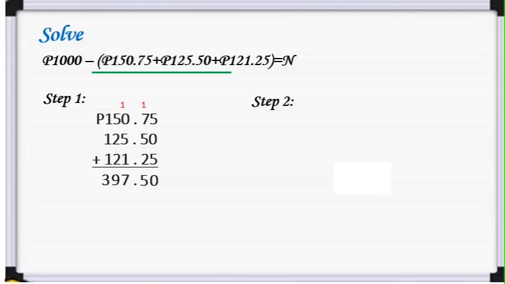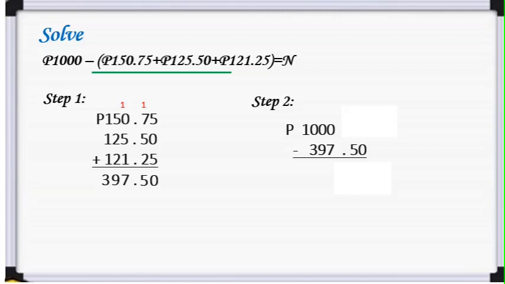Now, let us move to the second step. In order to find the answer to our problem, we need to subtract the total amount I spent from the total money that I have. So, 1,000 minus 397 and 50 centavos.